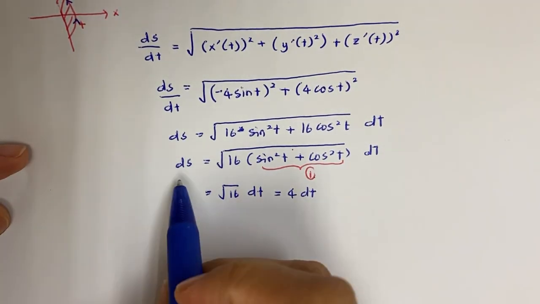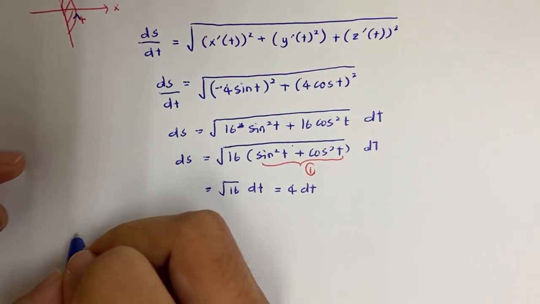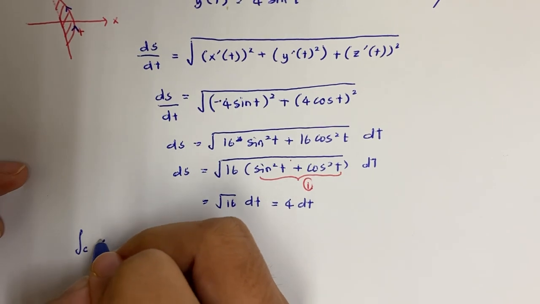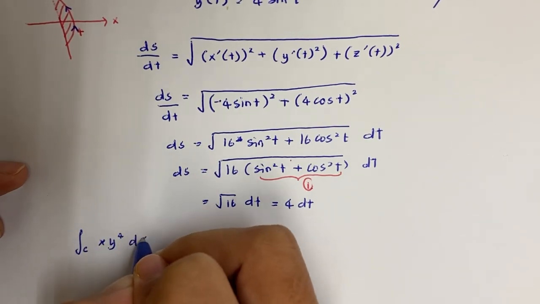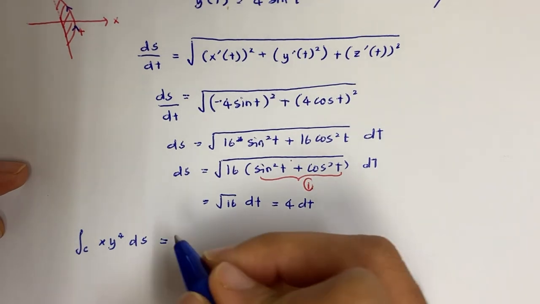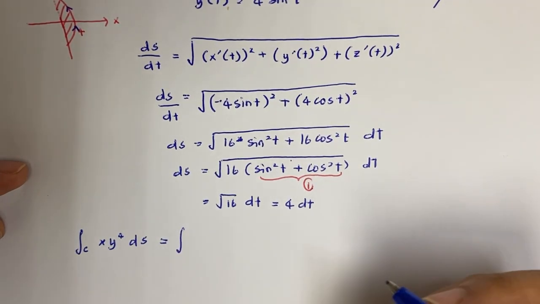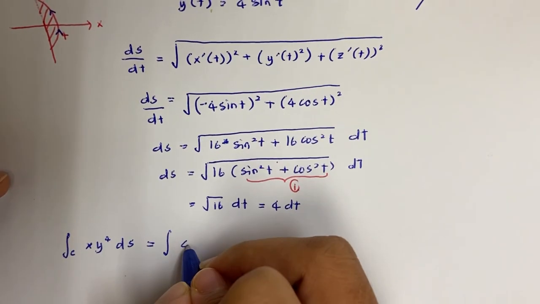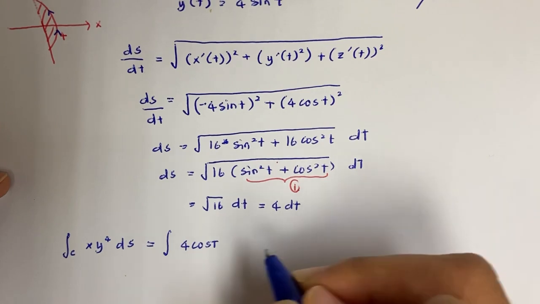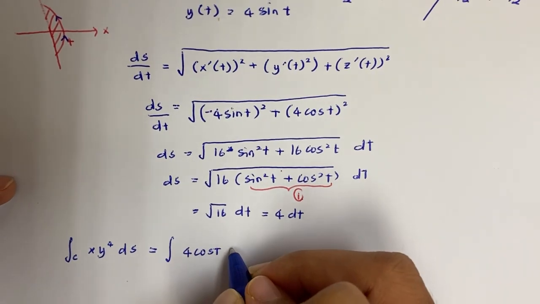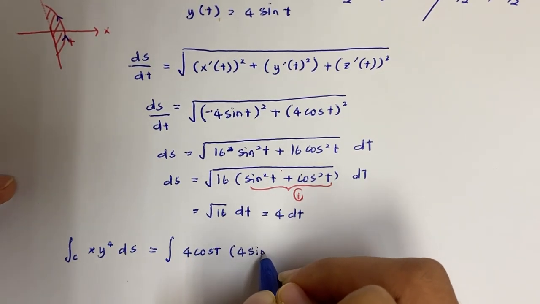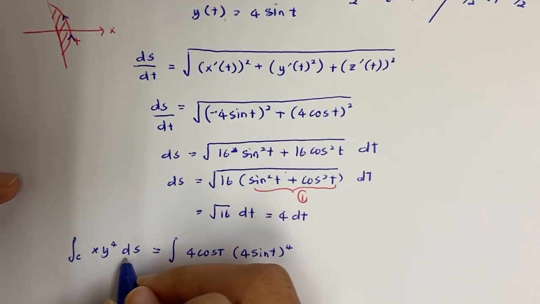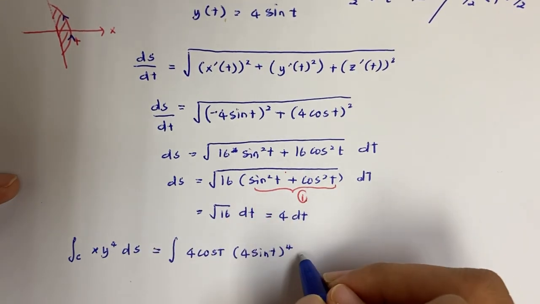So first you have your ds. To find the integration, the line integral of x y to the power of 4 ds, this is equal to the integration. Substitute x with your x(t), so x(t) is 4 cos t, y is (4 sin t) to the power of 4, and your ds is equal to 4 dt.